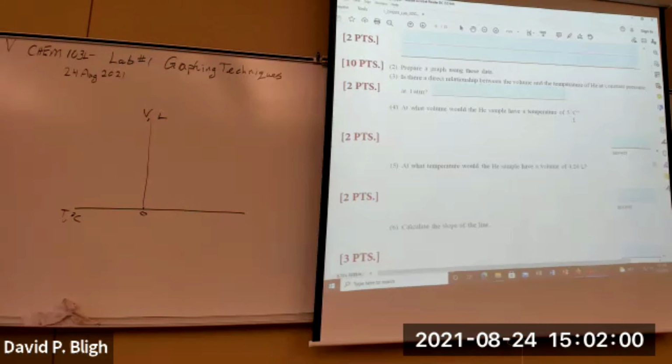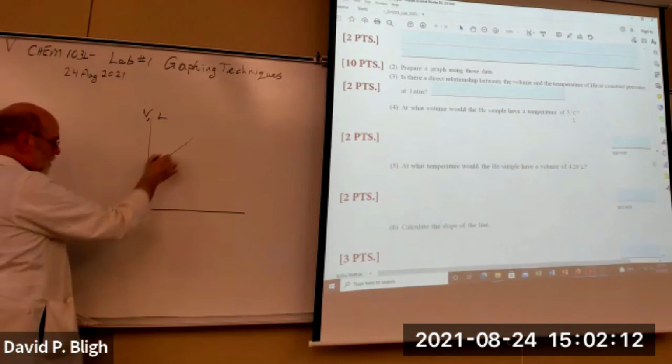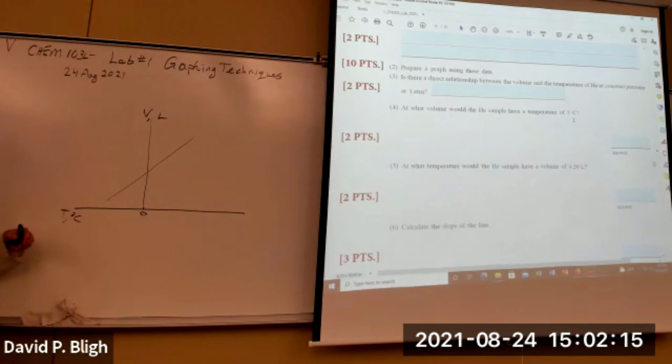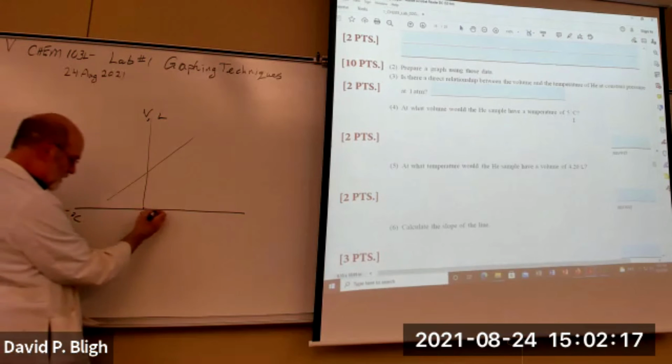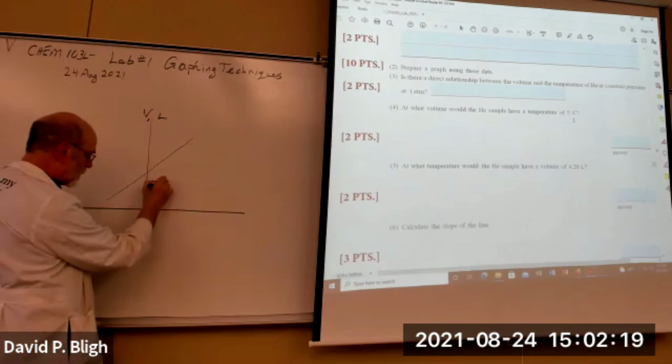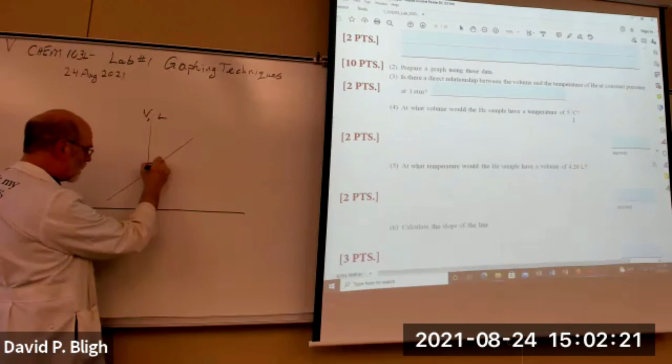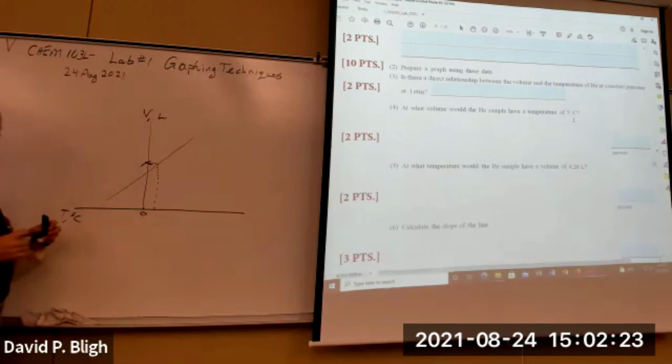That's one of those cases where you didn't actually measure at that point, but you used the best fit line to say what it would be at that temperature. So when you have a line like this, and it says, what volume would it be at that temperature? Well, if it's at this temperature, then you go up here, right there, and you go across here, there's your volume. Okay.